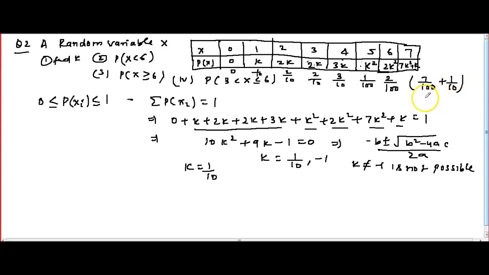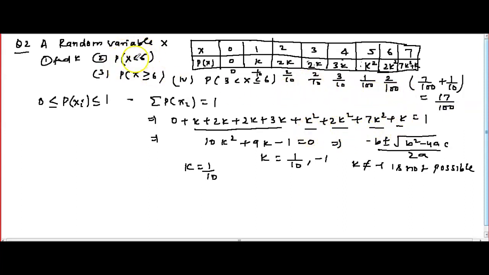So you can add it here, so it becomes 17 divided by 100, right? So this is the probability distribution value we got here.